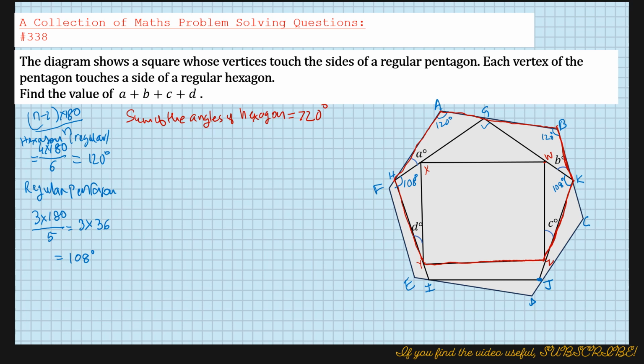So what we are going to do is simply add them up, because we know angle A is 120 degrees. Angle AHY is A plus 108.